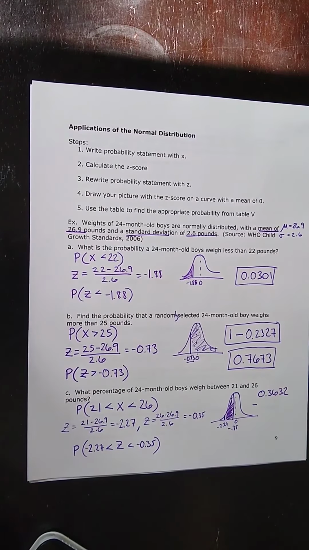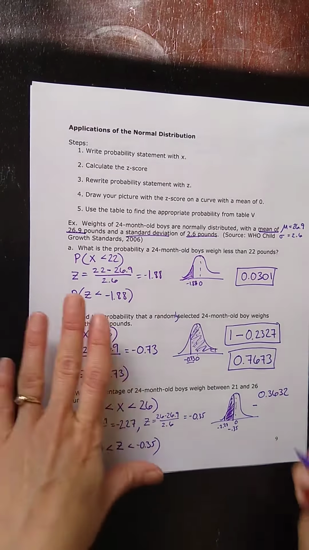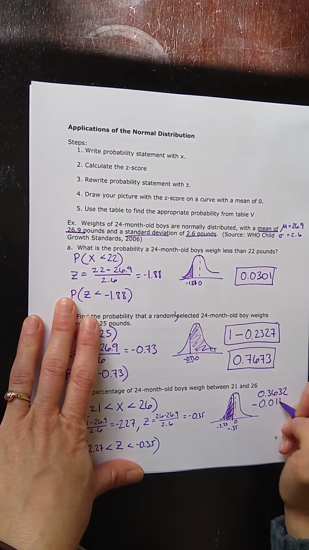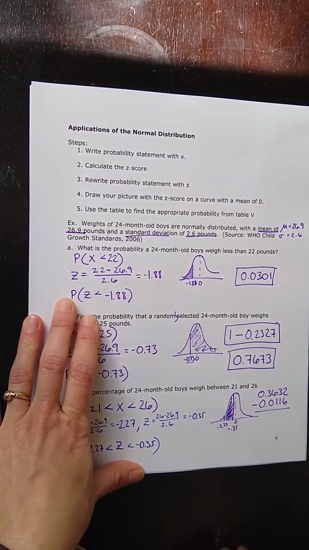Then look up the negative 2.27. 0.0116. Sorry. Yeah, that's right. 0.0116. And subtract those.